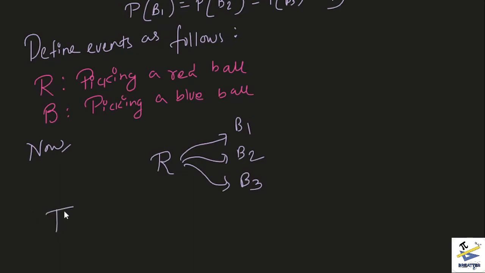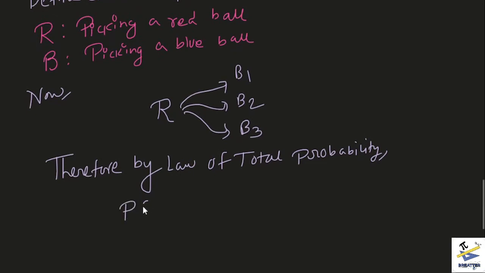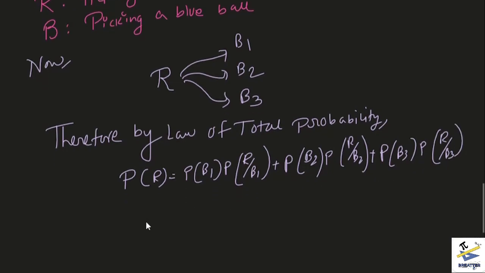Therefore, by the law of total probability, the probability of red should be probability of B1 times probability of R given B1, plus probability of B2 times probability of R given B2, plus probability of B3 times probability of R given B3, right? So this should be the probability of R.